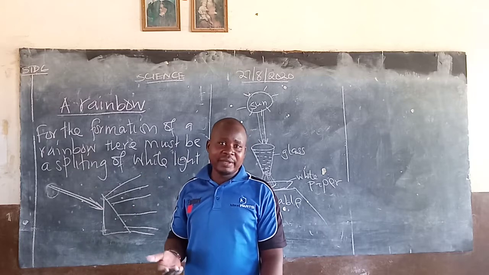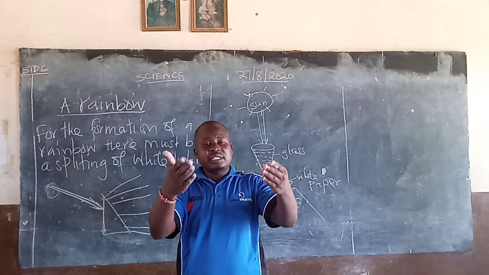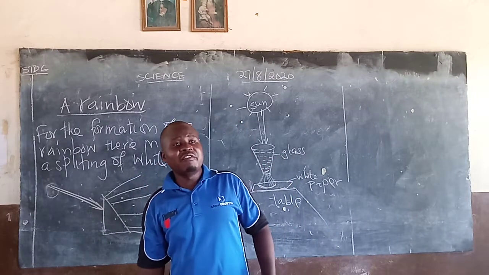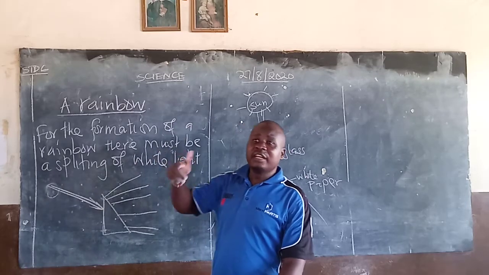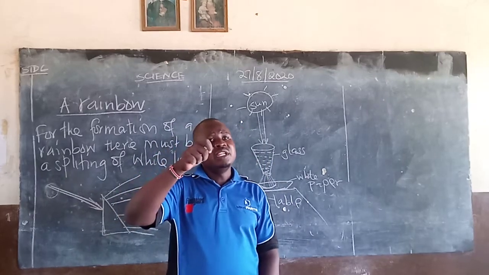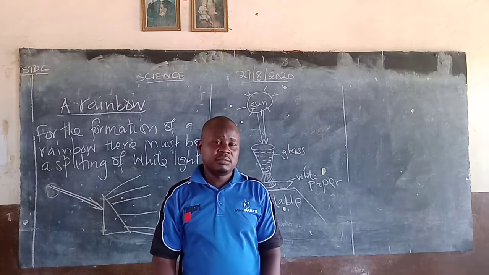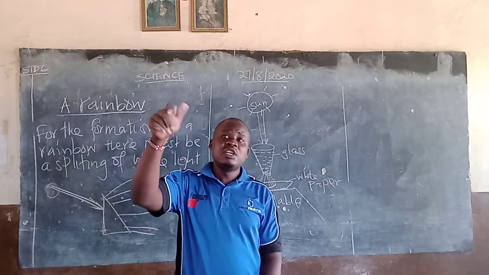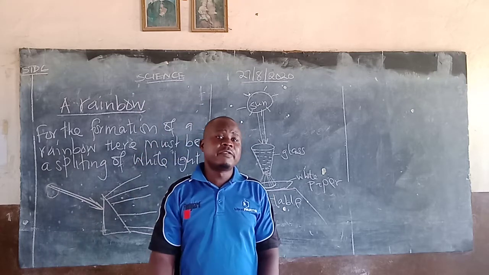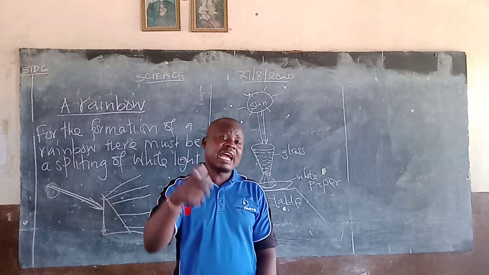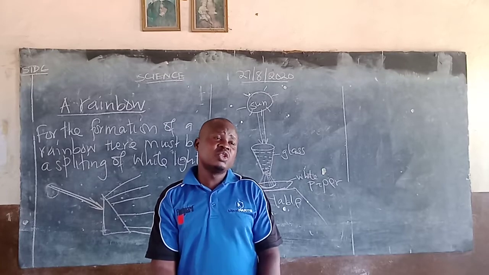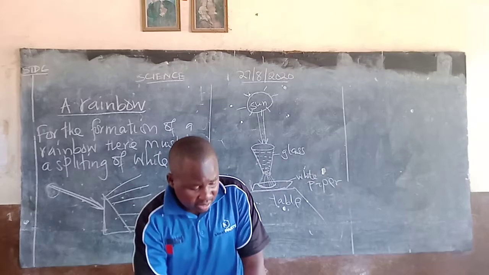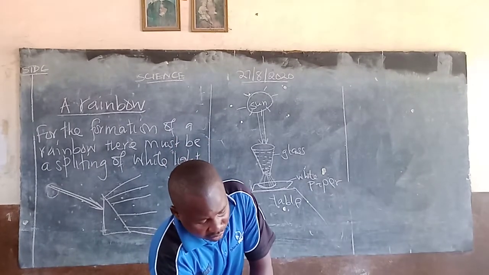If it is early in the morning, look at the west. If it is late in the evening, look at the east. Then you spray against the sun, not towards the sun, and you will see a rainbow being formed.